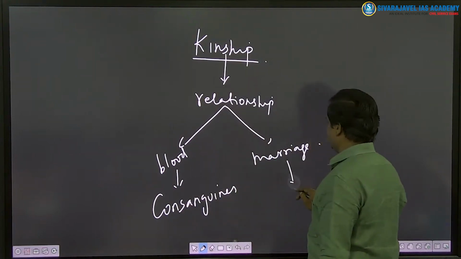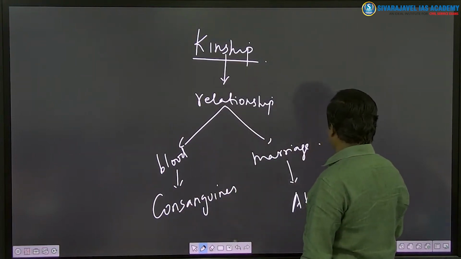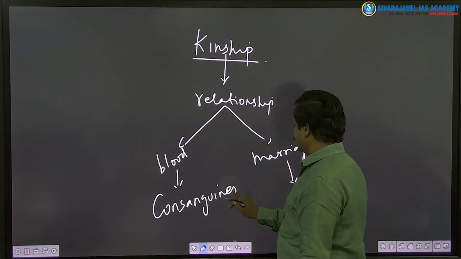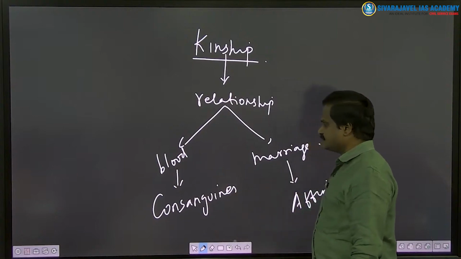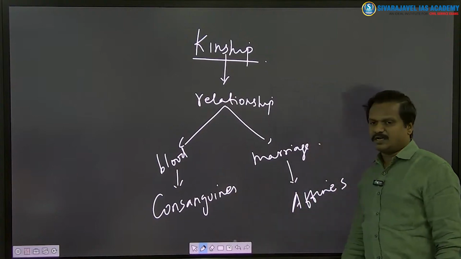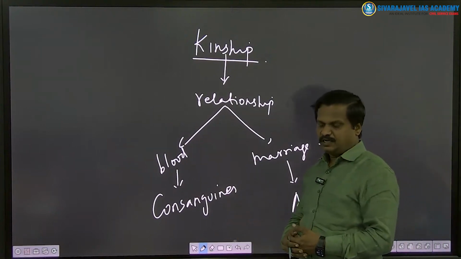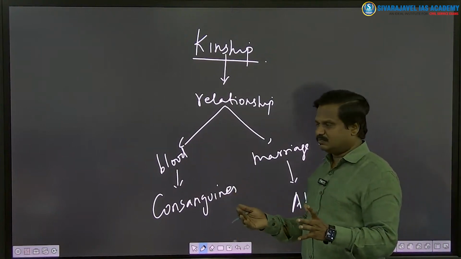Marriage means affines. So there are two types of relatives you have: one related by blood, another related by marriage.